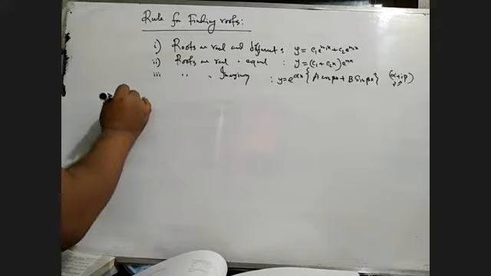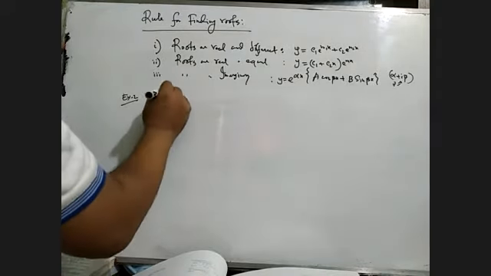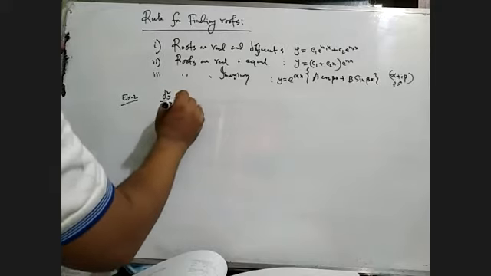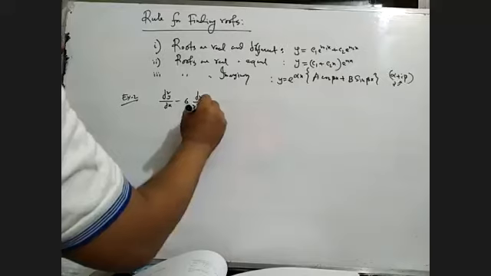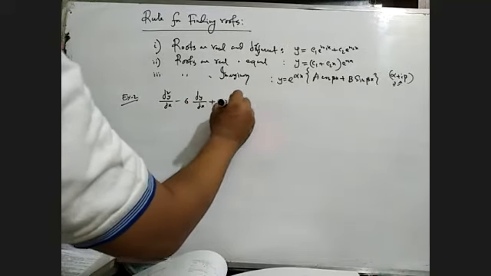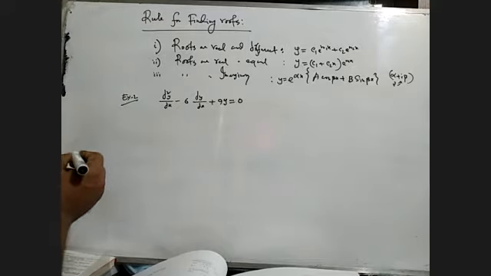Suppose example 2. Second order linear differential equation: d square y by dx square minus 6 dy by dx plus 9y equals 0. This is the second example.